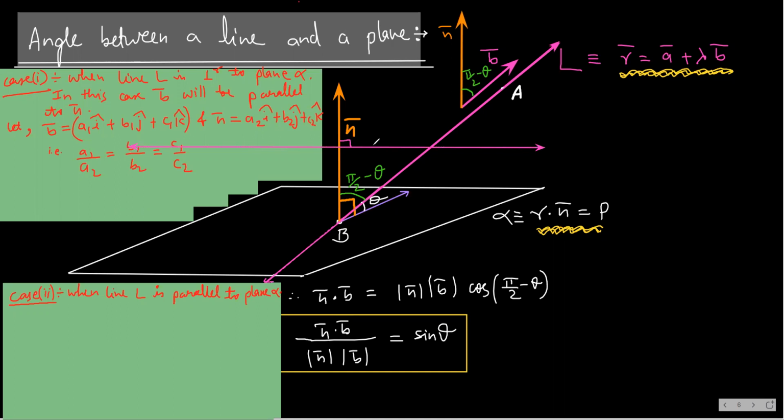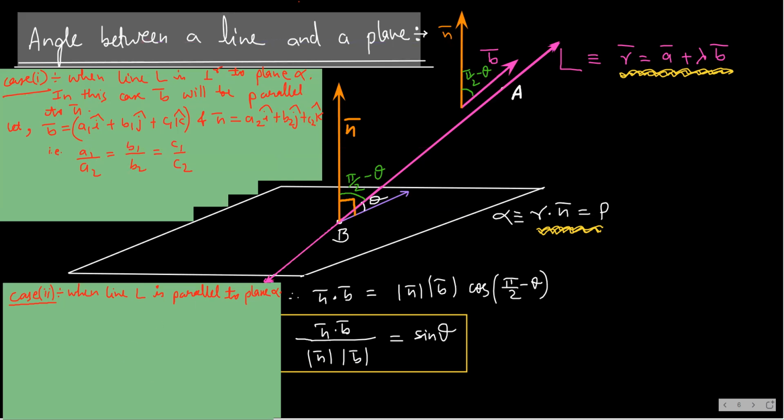And if the line is perpendicular to normal, definitely the vector which was along the line, this B bar, what will happen to that? That will also become perpendicular to vector N bar. So B bar and N bar have become perpendicular. Now see, students, if B bar and N bar become perpendicular, the next thing that you write is what?